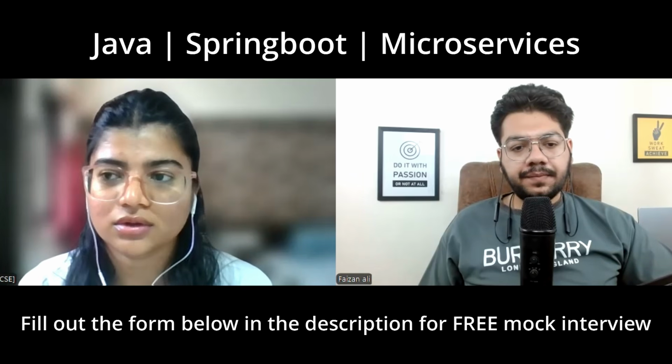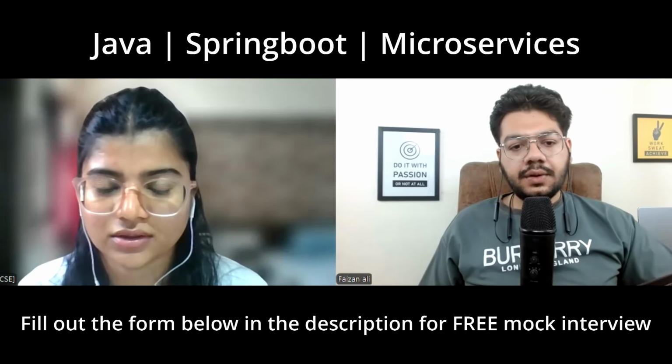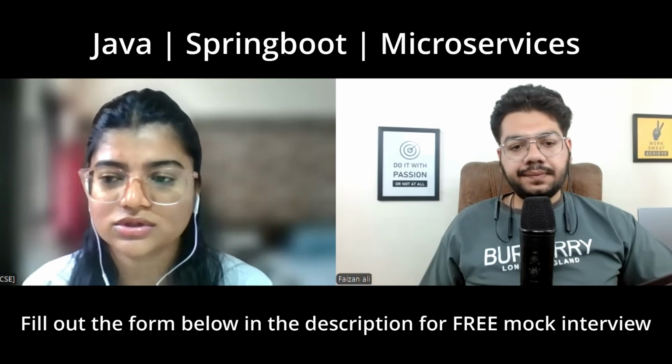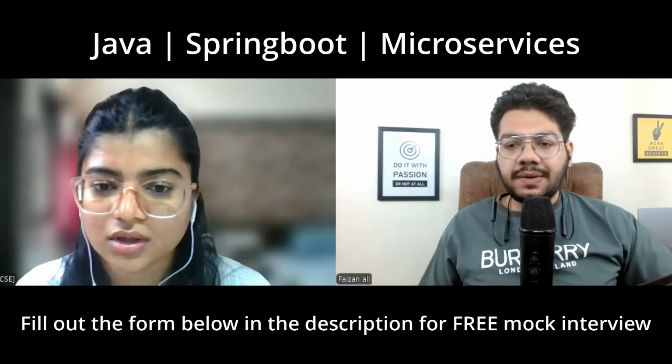Not as such, but I am aware of some design patterns. Tell me the one you know most. Mostly the most famous, the singleton design pattern. What's the best way to implement the singleton design pattern?